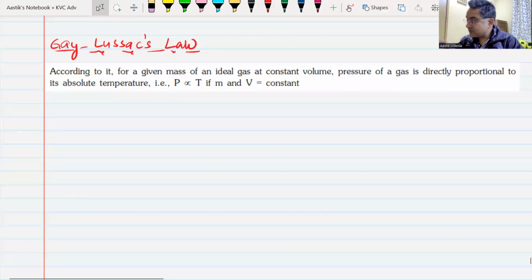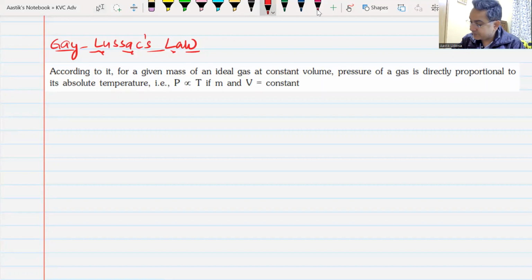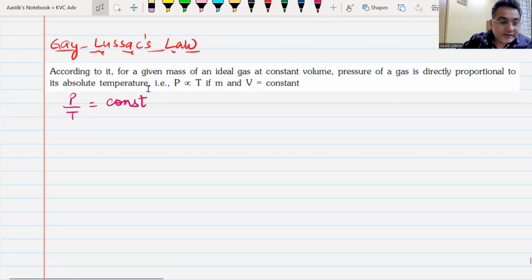Pressure is directly proportional to temperature, or you can write P by T is a constant, at constant volume and the mass of the gas remaining constant. Do we understand this?